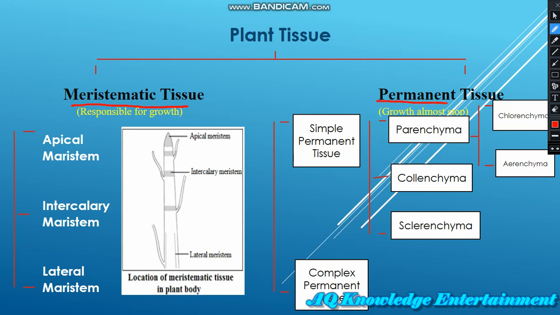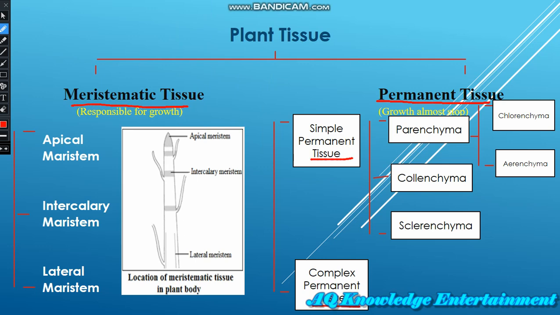Now let's move on to the permanent tissues. The permanent tissues are divided into two major parts: the simple permanent tissues and the complex permanent tissues. First let's talk about the simple permanent tissues. Before getting into it, let me tell you, the meristematic tissue does not always keep growing.